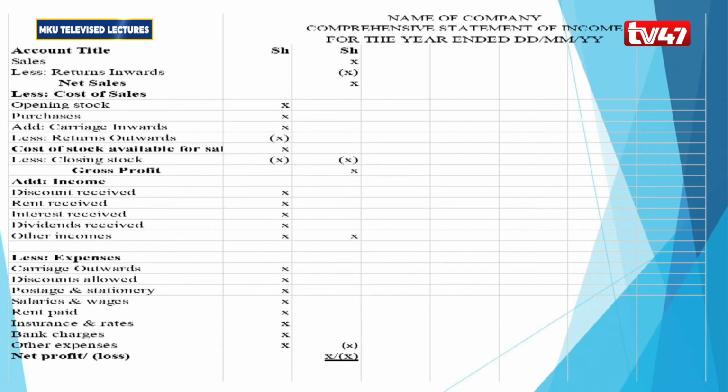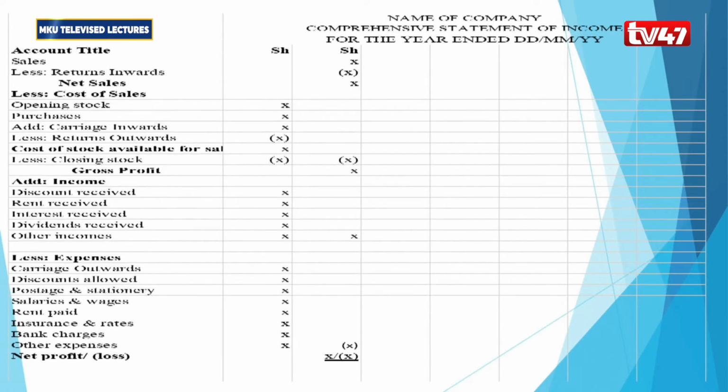So for all the sales returns, they will be recorded in that. So you should really not worry where we are going to get this particular amount. And then again, for all return outwards, we'll have that amount being obtained from the purchases return or return outwards journal. Hope you're together up to that point.